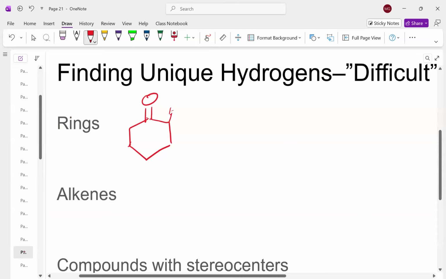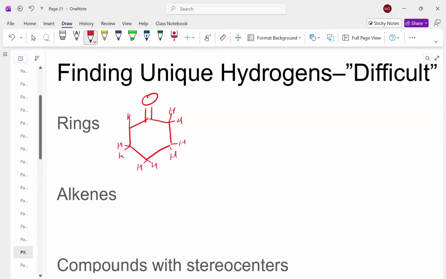I'm just going to draw all the hydrogens in. Now, one of the things you can do is see if you can identify any symmetry, because that will simplify the problem. And notice that if I cut this molecule in half, the left side looks exactly like the right side.